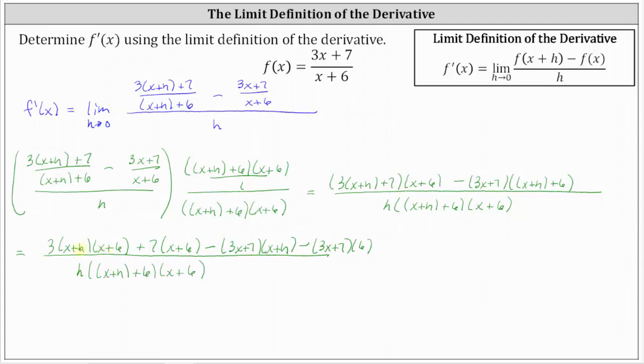Let's go ahead and find the product of x plus h and x plus 6, which will give us x squared plus 6x plus hx plus 6h.